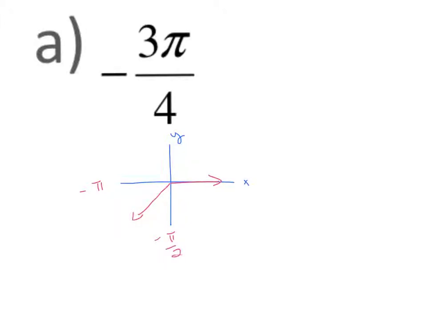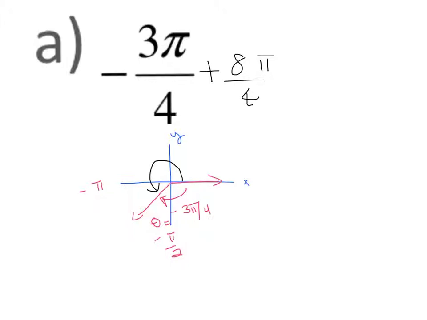This is going to be negative pi over 2. So this would be negative 3 pi over 4, and let's call that theta. If I'm looking for the positive angle that has the same initial side and same terminal side, I could go back to the diagram I drew before, but let's do it algebraically. Let's add 2 pi. And remember, 2 pi we established is equivalent to 8 pi over 4.